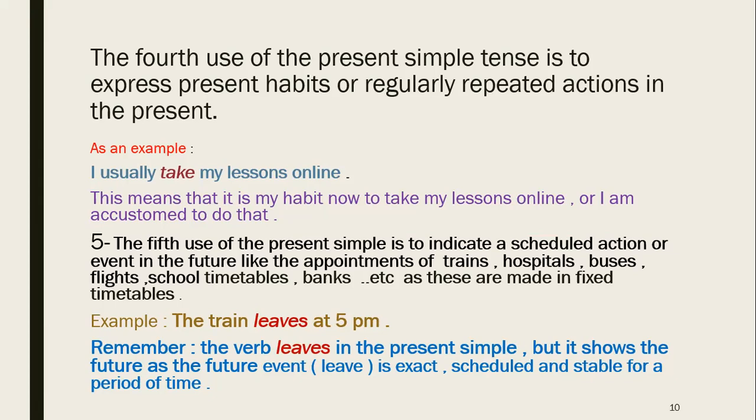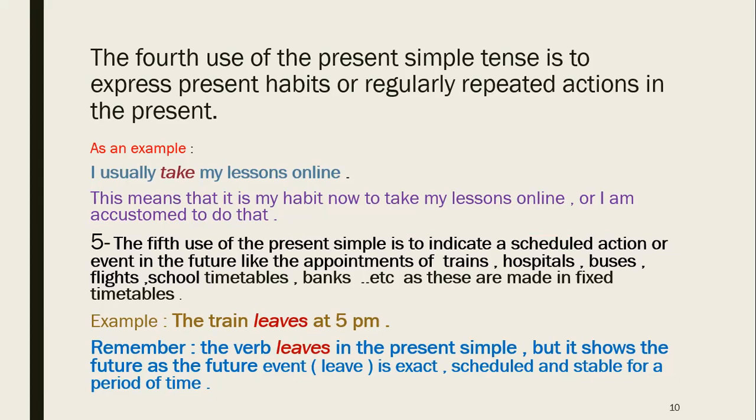If the future action is scheduled, if it is a timetable, if it is a fixed appointment, like the appointments of trains, of hospitals, of buses, of ships, regular flights, school timetables, bank timetables, and so on. So if you have timetables, these are times, these are actions done in a fixed manner for a long time. So we use the present simple to talk about them.